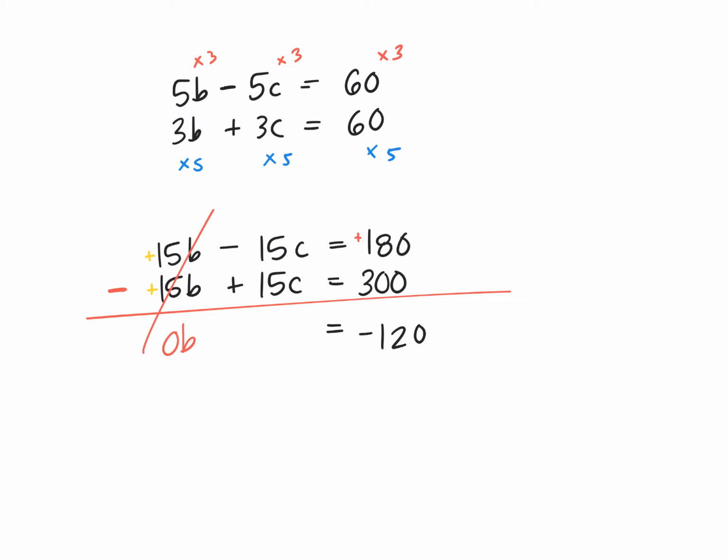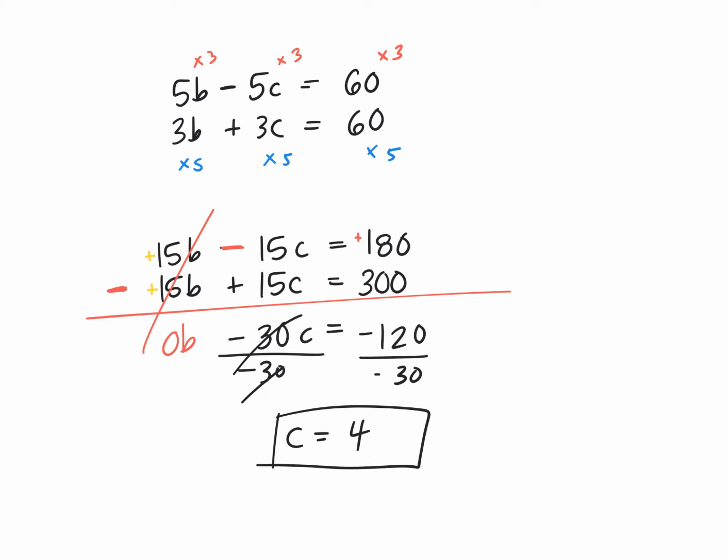And then watch your signs here. Negative 15, take away 15 is not 0. What's negative 15, take away 15? Negative 30C, right? Divide by negative 30, divide by negative 30, C equals 4.